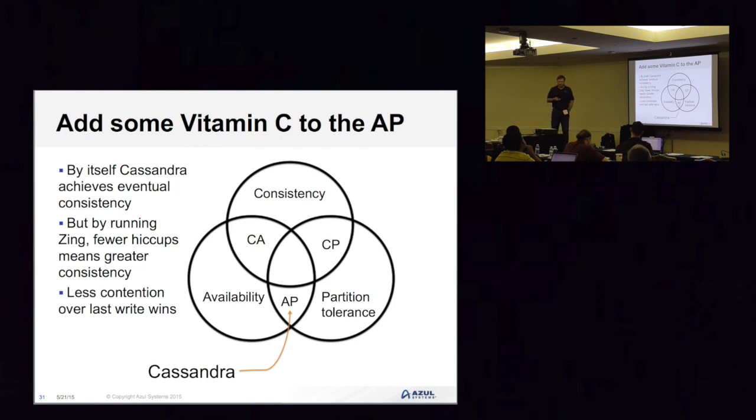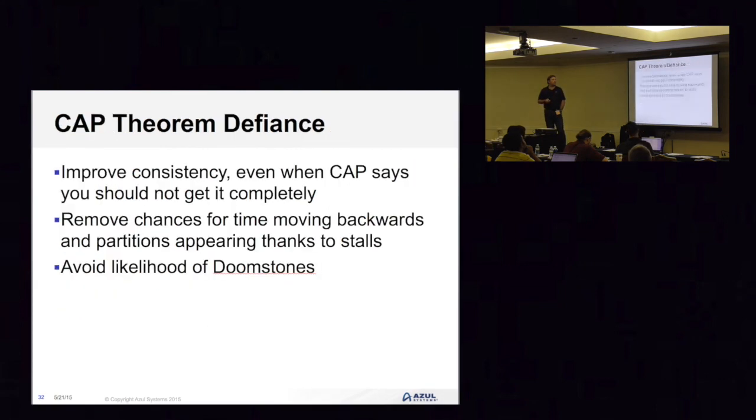And then, so that means last contention over last write winning. So we defy the CAP theorem. And we don't want you to ever have to face time running backwards or these fake partitions, and avoiding any doom zones where your data is now suddenly missing because of the wrong timestamp.